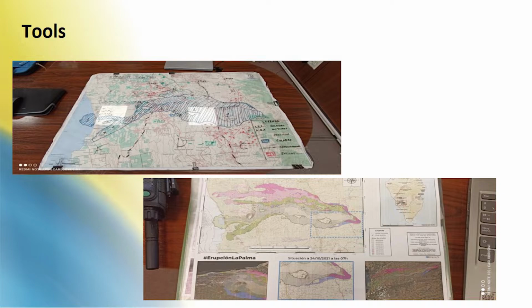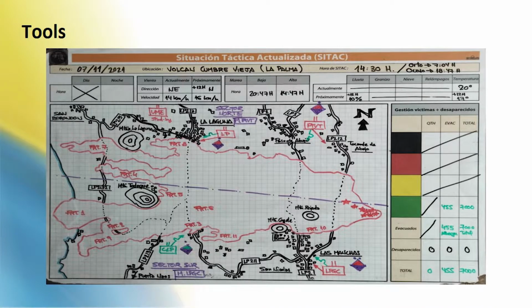At the first moment we began to work with a physical map, later on, obviously, we were working with technology and GIS. This is important because we began to use the same language for the different firefighters working in this emergency, because there were people from different islands and also from mainland Spain.